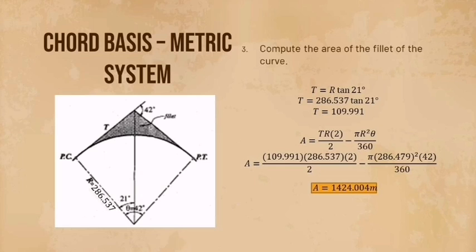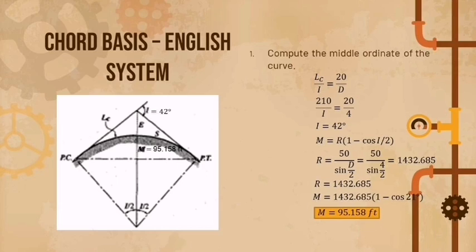We will get now the area, which the formula is equal to T R over 2, minus pi R squared theta over 360. After substituting the value to the formula, we will get the answer of A equals 1424.004 meters.